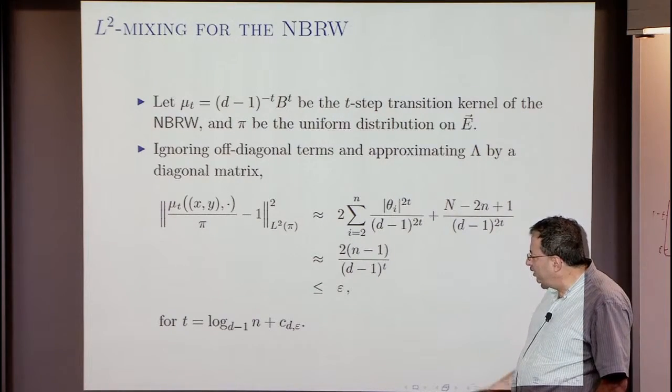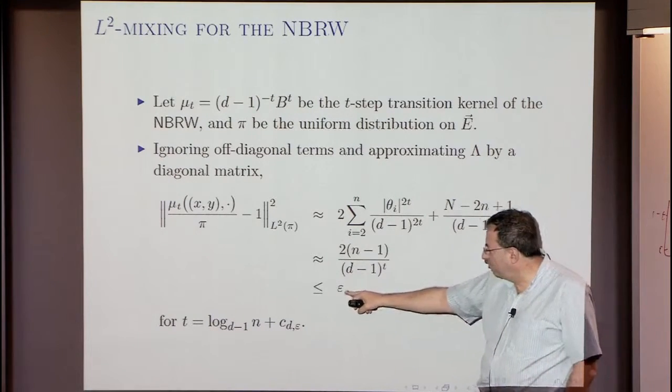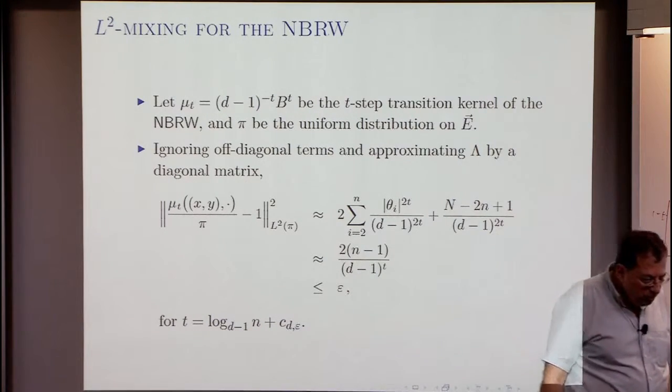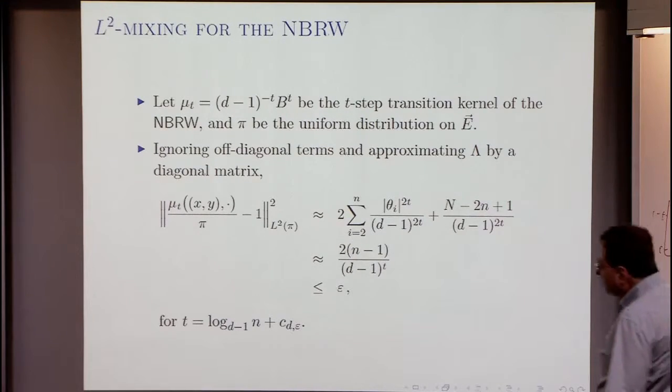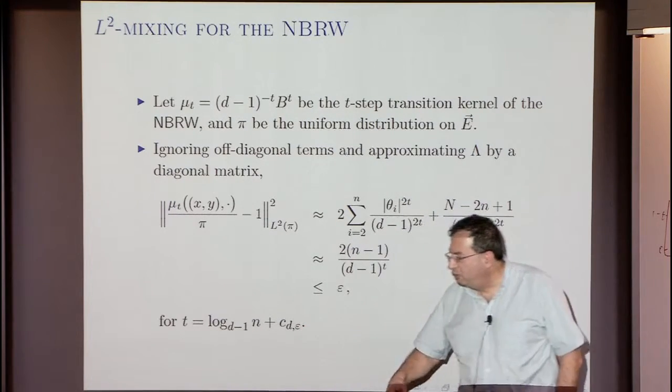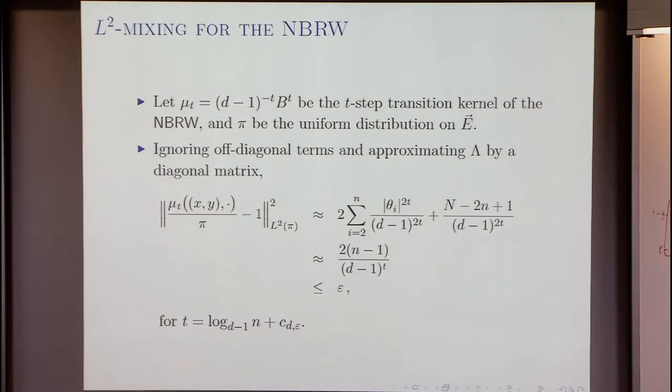By just pushing t a little bigger than log_{d-1} n, you will make this smaller than epsilon. This would be the picture if the matrix is diagonal. It's not diagonal, but it's close enough that the same argument works with a small correction. And so instead of a constant here, we need to go to log n, but then the argument goes through.